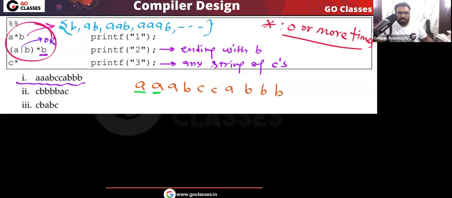Both are still in the race. The first regular expression is also in the race with double A. The second regular expression is ending with B, so it is also in the race. You can have, for example, AAB, or AABB, something like this. So far the first two regular expressions are in the race. Is any of them matching?